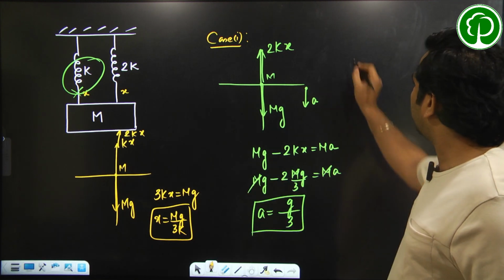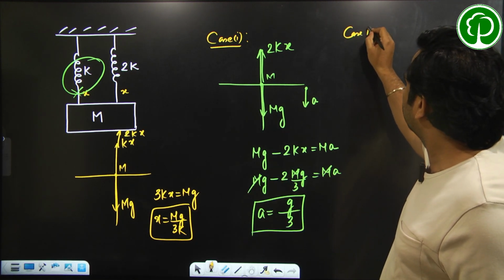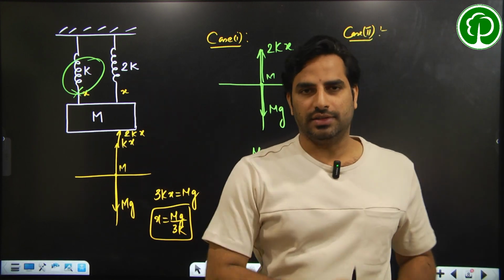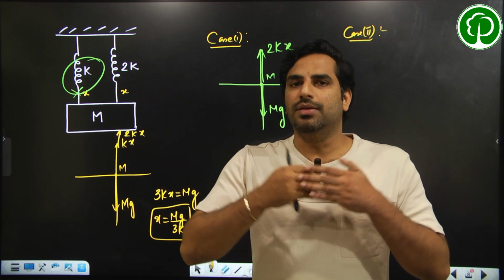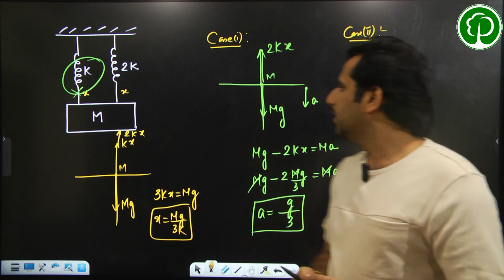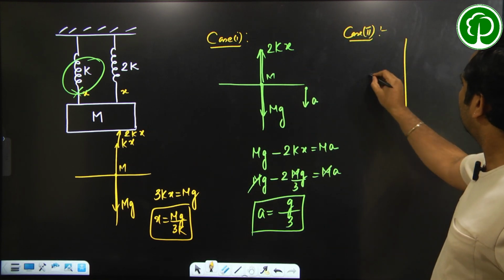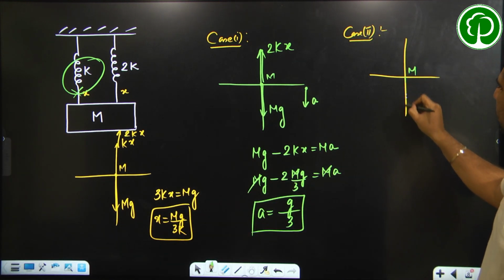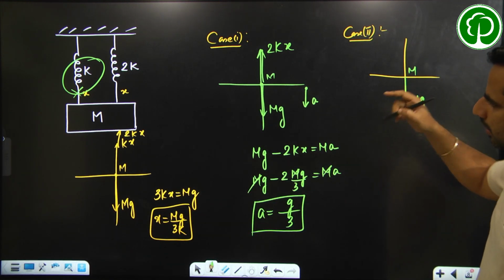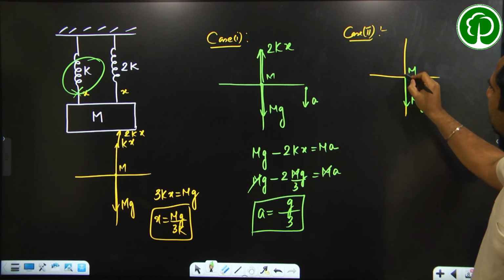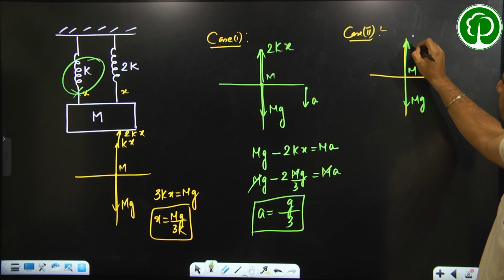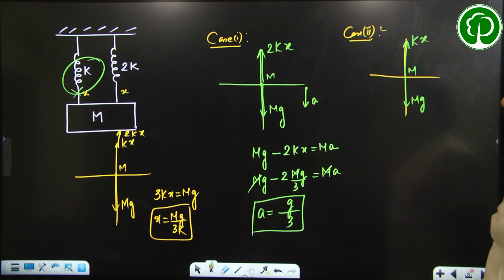We can similarly do case 2. Case 2 is when the 2k spring, the second spring, is cut. What is the immediate acceleration of the block? In that case, follow the same steps. The free body diagram: mg, and the 2k spring is cut, so the spring force in that 2k spring becomes 0. There is only kx acting upwards.